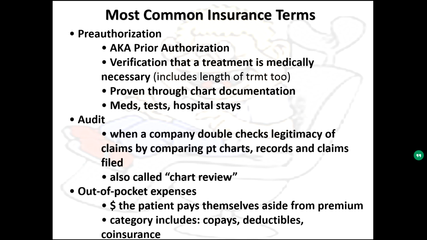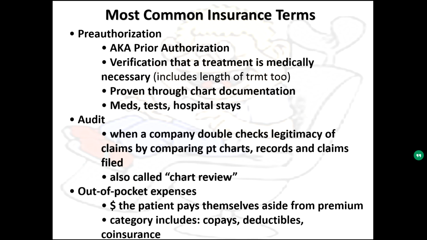The last word there is out-of-pocket expenses. I've said that word quite a bit so far. There are 3 categories that are in out-of-pocket expenses, and they are copays, deductibles, and coinsurance. The premium is not considered an out-of-pocket expense.